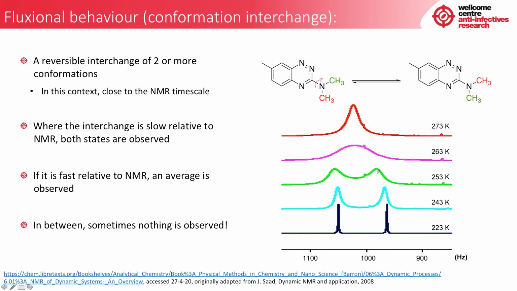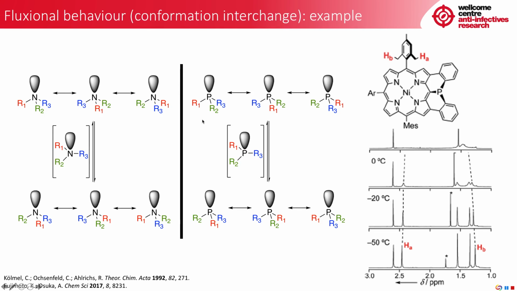As the interchange becomes yet slower, so it isn't affecting what we see on an NMR timescale at all, these peaks become progressively sharper until at -50, they are essentially completely different signals, and they're not broad. And these methyls are now inequivalent. I should say that if you get stuck somewhere in here, it is possible to see pretty much nothing, so the peaks vanish.